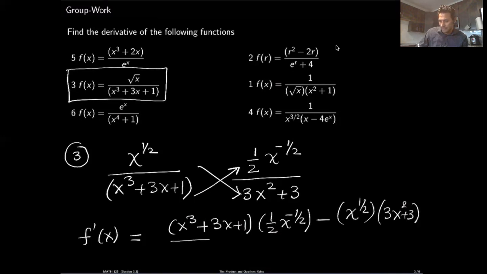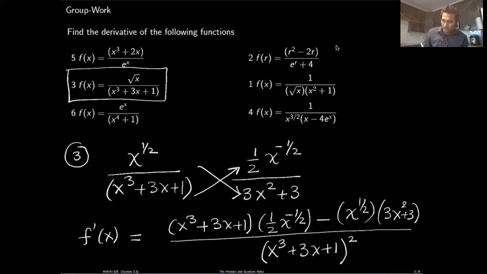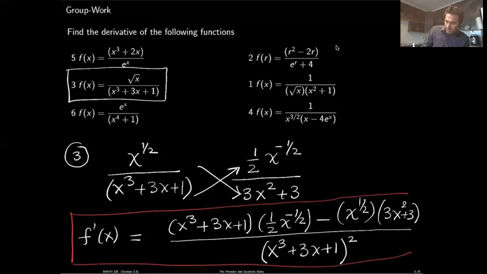And the whole thing will be divided by low squared, which is 3x to the power 3 plus 3x plus 1, squared. So this is your final answer. You may not have to simplify, but if you want, you're welcome to do that. But this is enough for that problem.